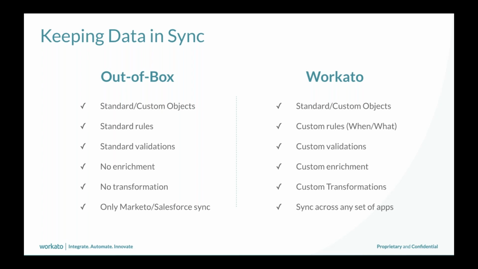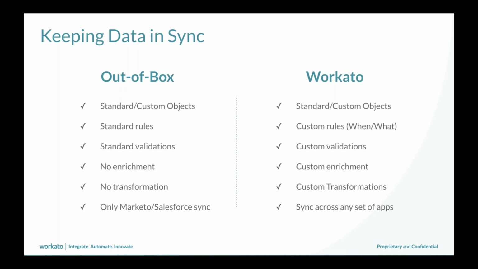When someone creates a program in Marketo, it syncs over to Salesforce as a campaign, and whoever joins the campaign in Marketo is now a campaign member in Salesforce too. For that kind of very standard integration, we will use the out-of-box one because it's a lot faster to do it that way.